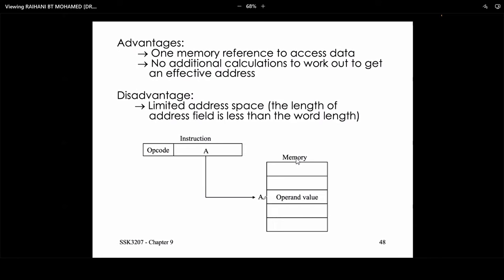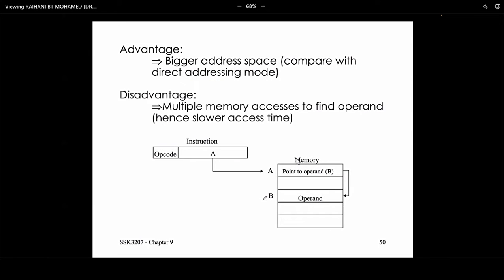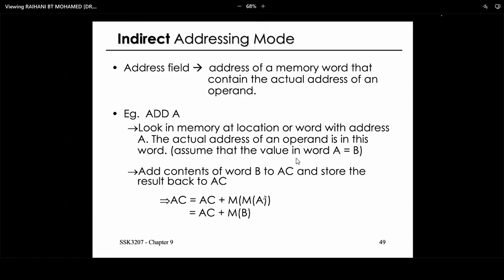And then the next addressing mode is indirect, meaning that it does not use the memory place directly. The address field that we are referring to here is the address of a memory word that contains the actual address of an operand.